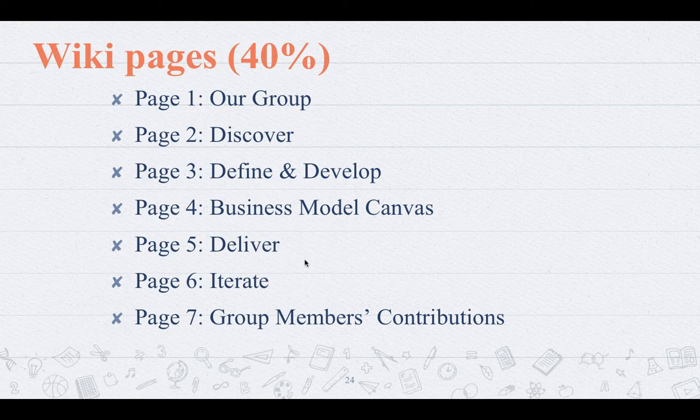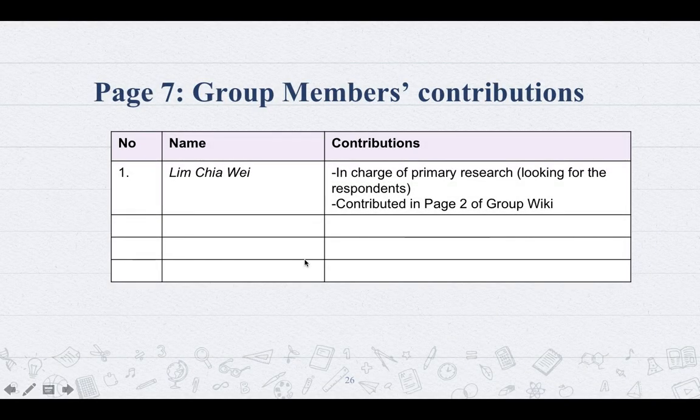Now in page 7, I want you guys to have a table where you write your name and tell us how you contributed in your group project. Because we are working in a group, some of you would probably come to me and say, Miss, this is very unfair, I'm doing most of the work.